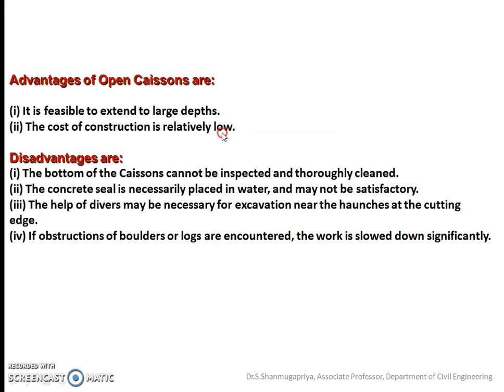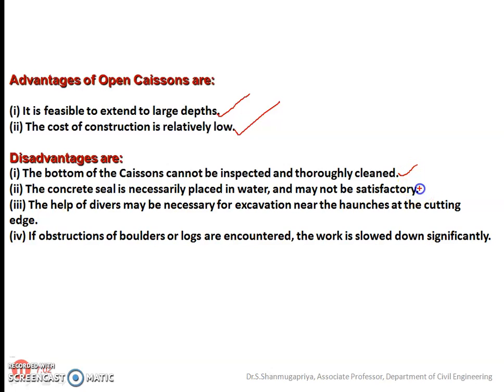Let us see the advantages of the open caissons. It is possible to extend to larger depths, and the cost of construction is also relatively low. Now the disadvantages. The bottom of the caisson cannot be inspected and thoroughly cleaned.